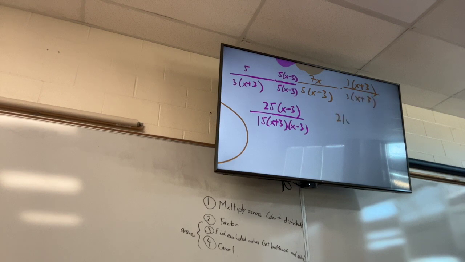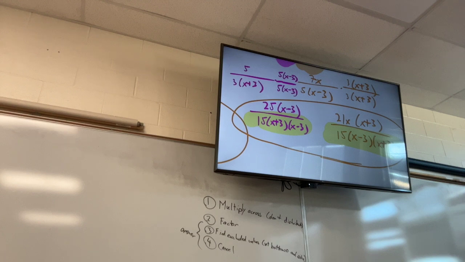So that gives me 21x times x plus 3 all over 15 times x minus 3 times x plus 3. Now we know we have the same denominator. We have the same denominator, we're done, okay? Good.